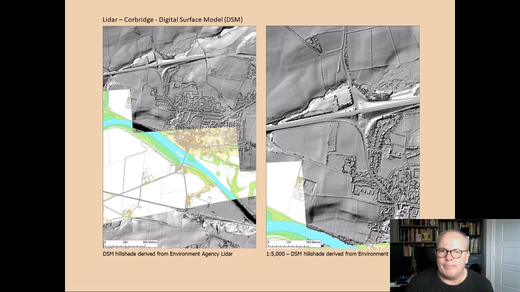With the DSM, here's a slightly blown up version on the right hand side at 1 to 5,000. You can see that we can see individual properties. The Roman site is here, and this is what I said about data is not always perfect. You'll see that the data that we were collecting actually chops the Roman site in half.